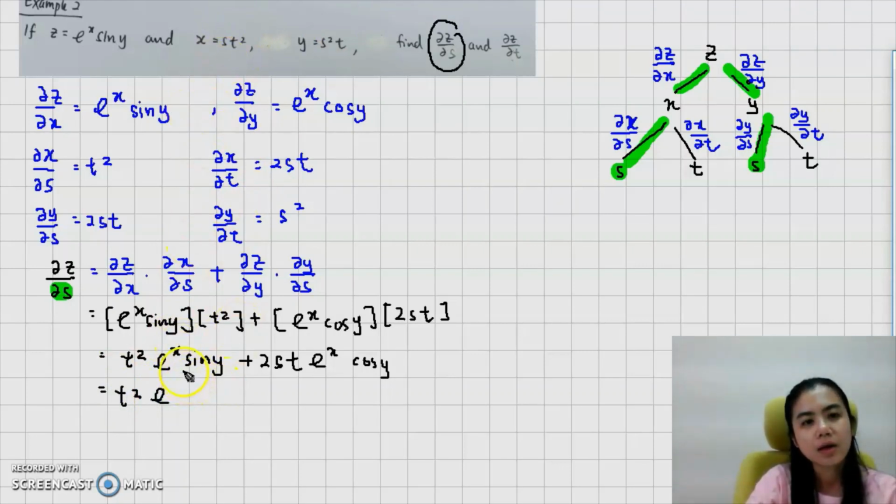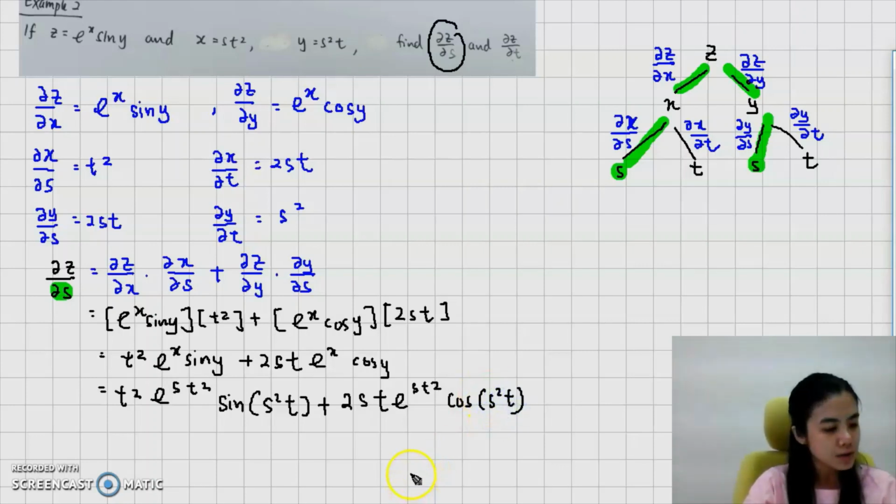So we have e^(st^2) sin(s^2 t) t^2 plus 2st e^(st^2) cos(s^2 t). So that is for this one.